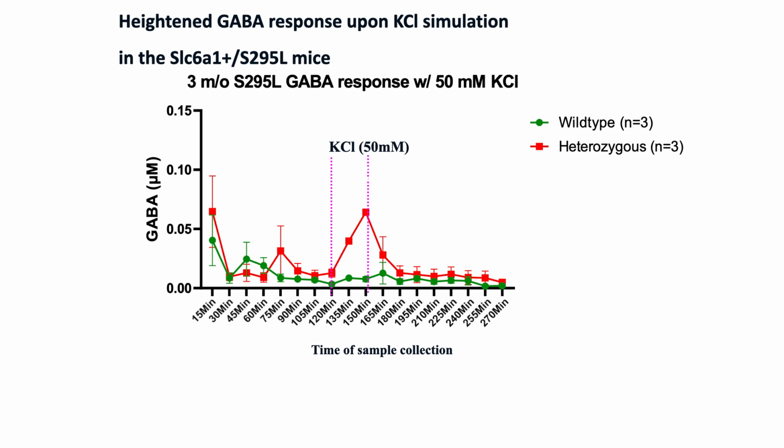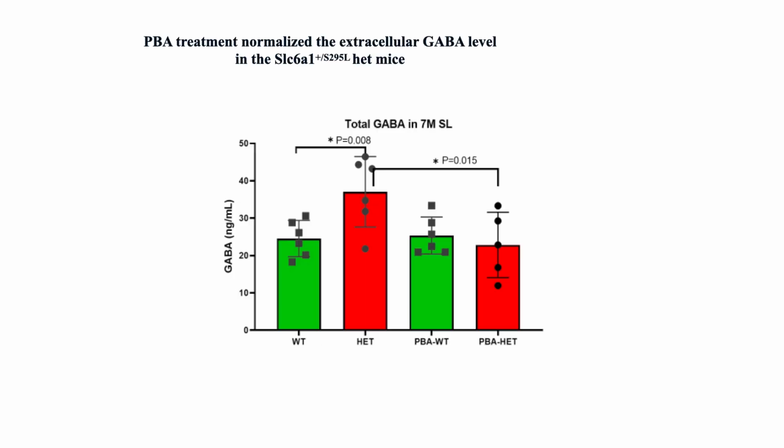If you compare GABA at that time point, when you stimulate with potassium chloride, you see a spike in heterozygous compared with wild type. This suggests a delayed clearance. Then we looked at cumulative GABA.